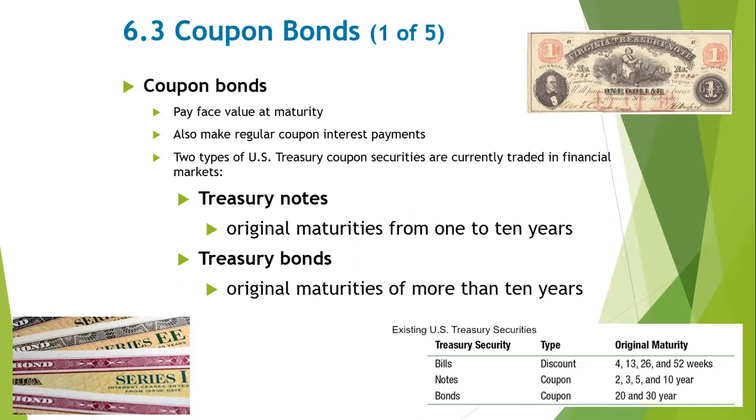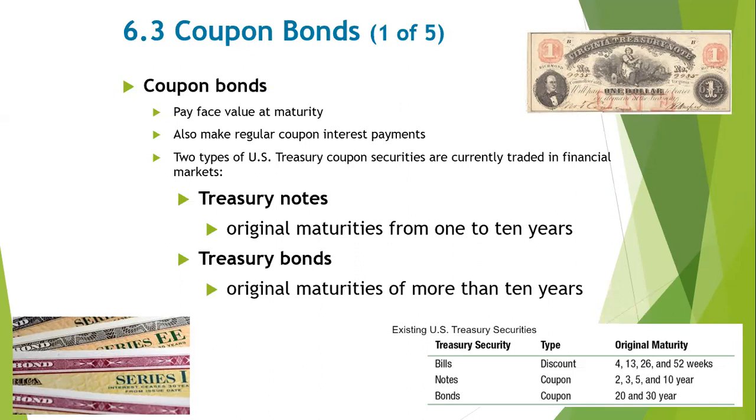So the primary difference between Treasury bonds and Treasury notes lies in their respective maturities. Treasury bonds typically have longer original maturities, typically exceeding 10 years, while Treasury notes usually have original maturities ranging from 1 to 10 years.